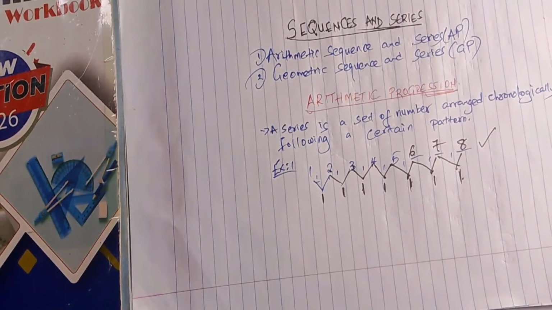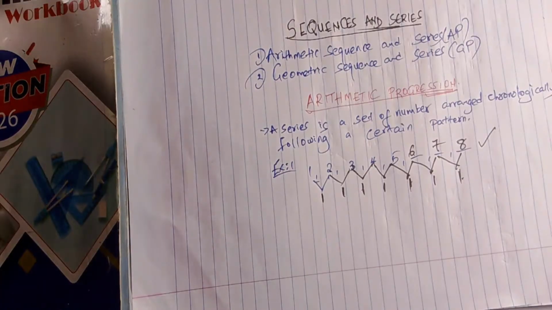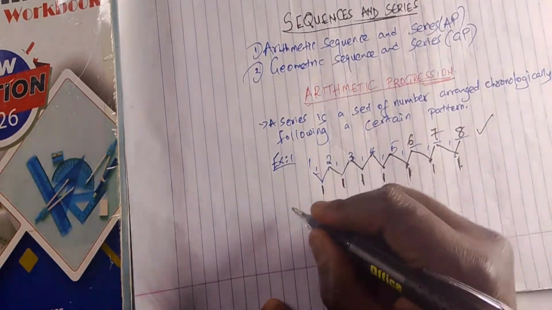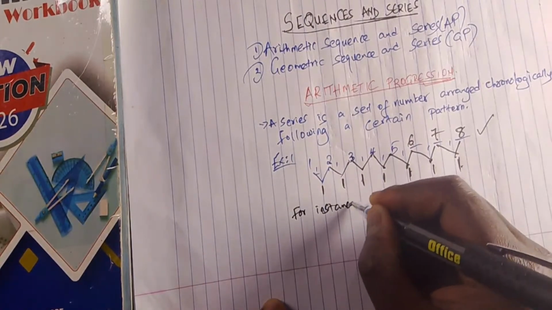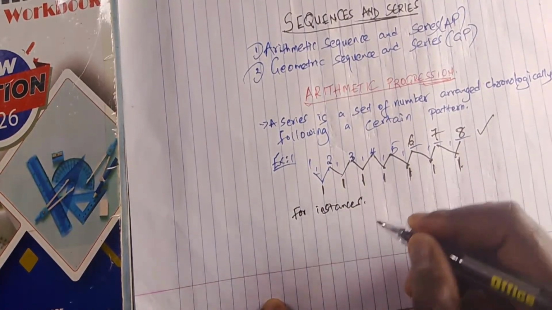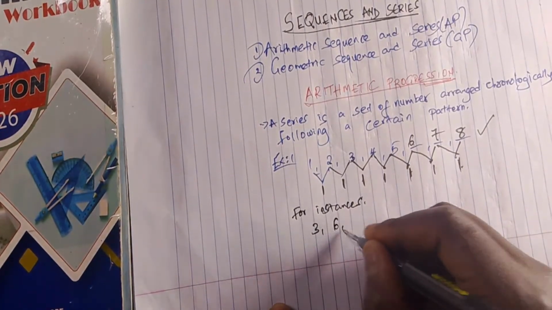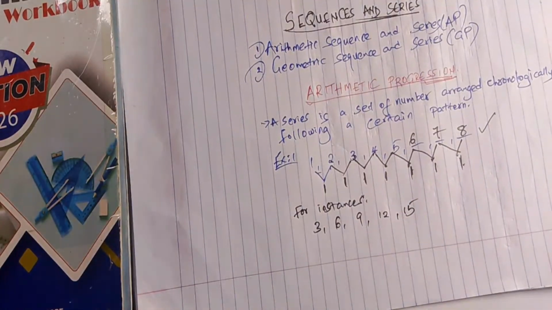In the same case, now we are coming to apply this in sequences and series, where we are going to interact with different sets of numbers. For instance, given a set of numbers, 3, 6, 9, 12, 15.